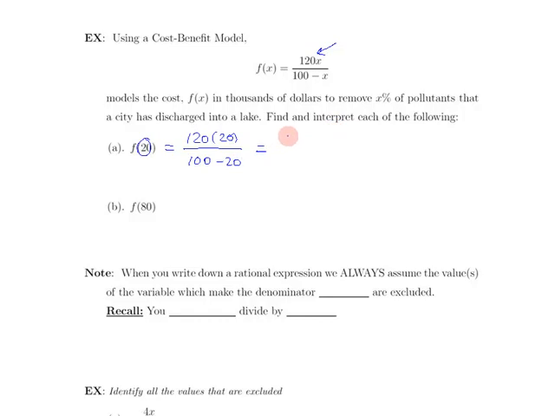Remember, I recommend that you have a calculator for this course because a lot of the computations will require it, and it will also speed up your homework a little bit. That gives me 2,400 on top, divided by 80. We can actually do this pretty quickly in our heads. The answer is 30.